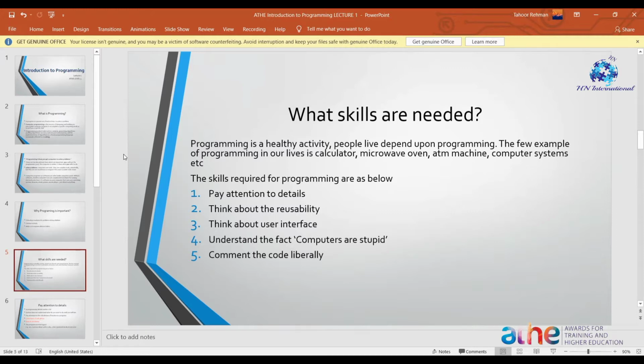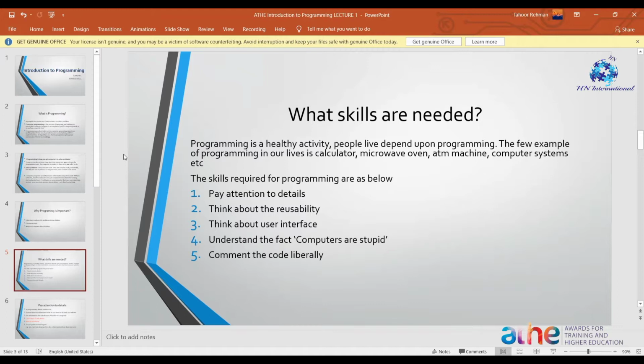So basically, what are the skills that we need when we are doing programming? Programming is a healthy activity. People's lives depend upon programming. A few examples of programming in our lives are a calculator, like I told you, the microwave oven, ATM machines, and computer systems, etc. There are many applications and software we are using in our daily life.